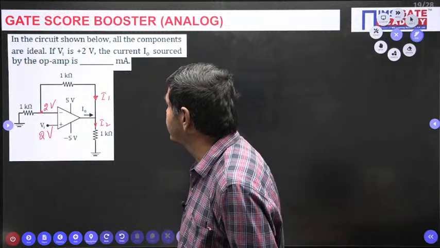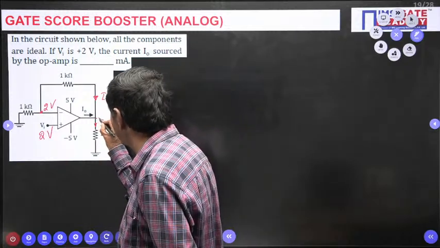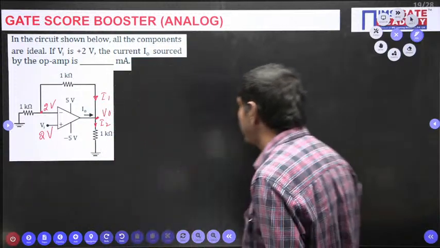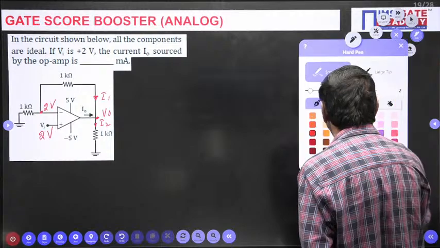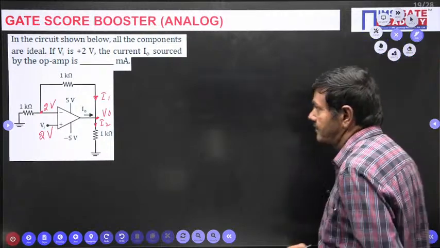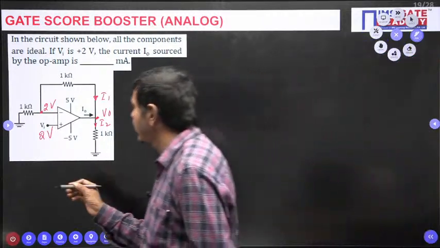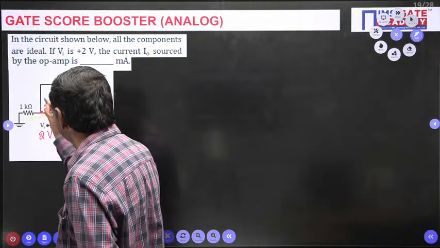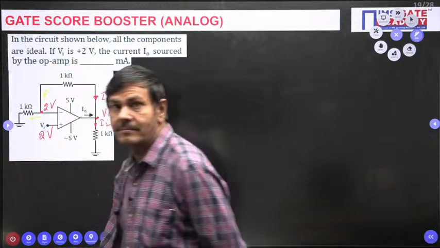The voltage here is nothing but the output voltage, V0. I wish to find V0 at first. Without knowing V0, I cannot do this question. How can I do nodal? Nodal means this current plus this current equals 0.